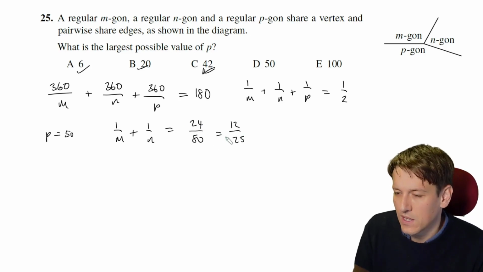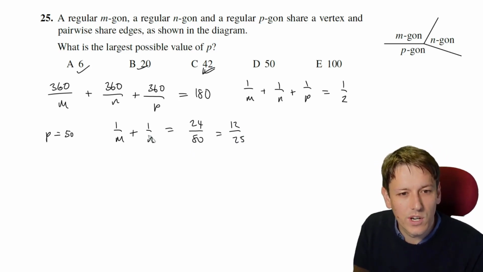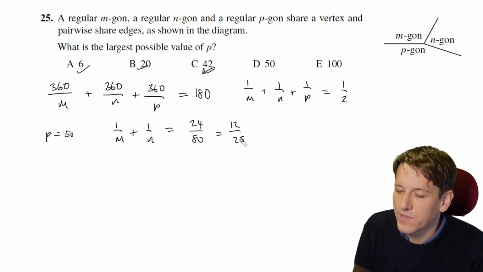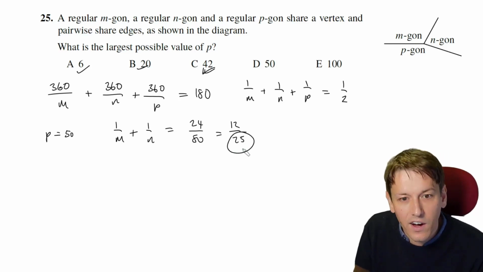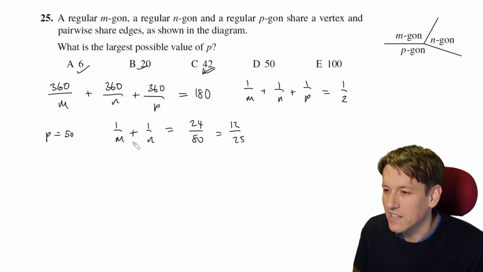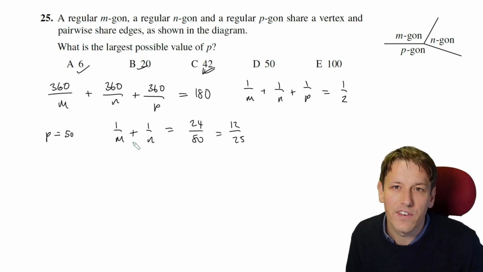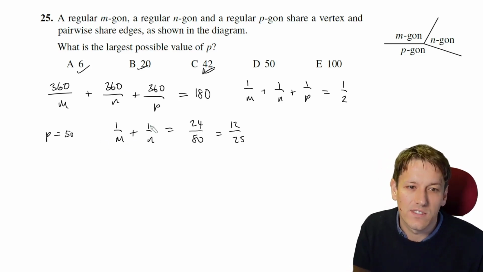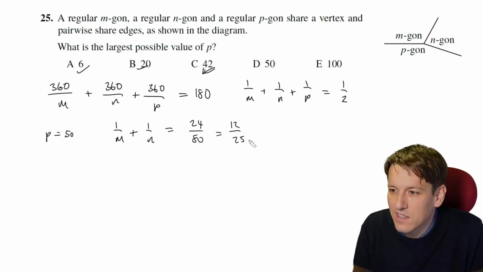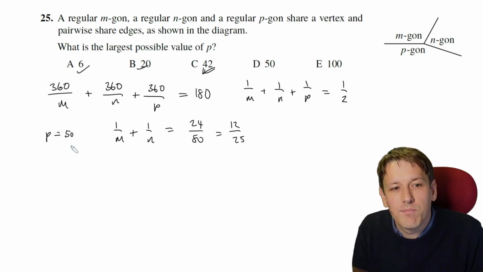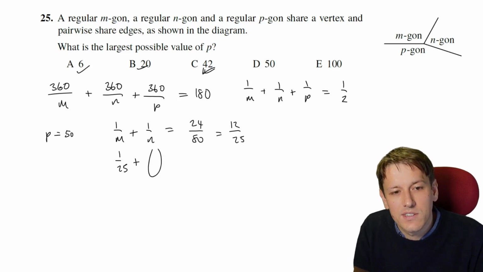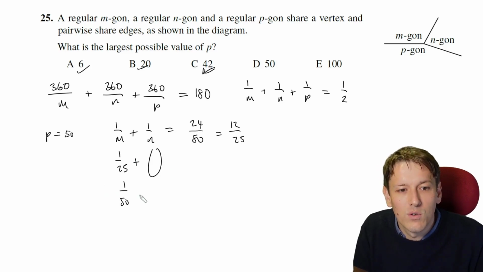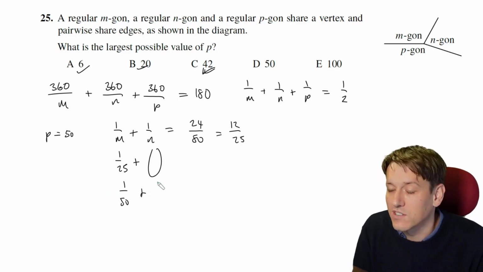Now this time we can see that if this is going to work, 1 over m plus 1 over n, to give the simplified fraction having a denominator of 25, basically either m or n is going to have to be a multiple of 25 here. I can't just do a fifth plus a fifth, that would just give me something in fifths. Now if p is 50, that means the only options would be doing 1/25 plus something, or 1/50 plus something.